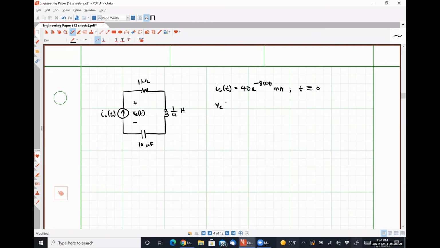and Vc at t equals 0 is 5 volts, where Vc has the following polarity.